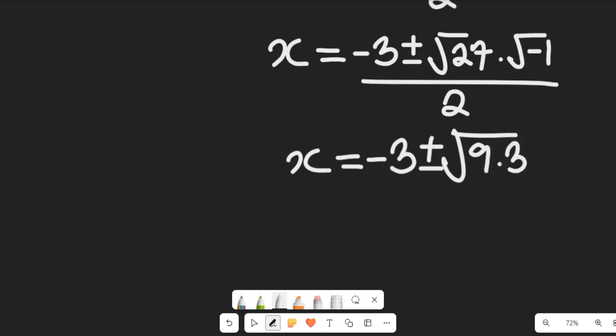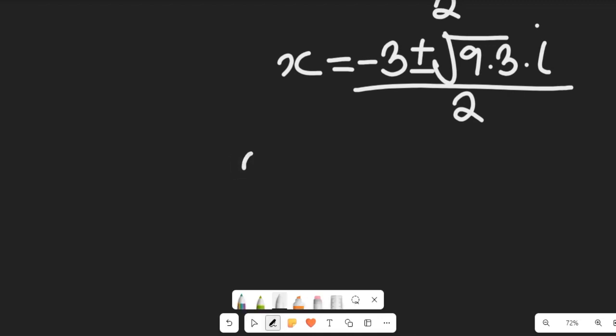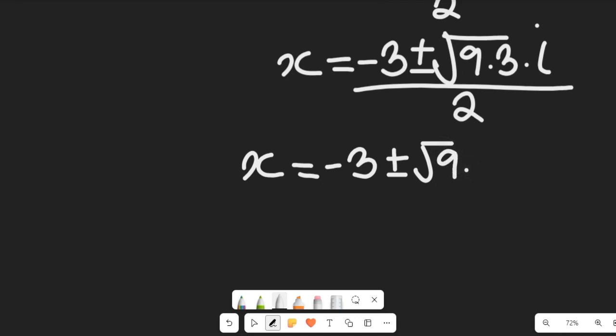Because 9 multiplied by 3 is 27, and this will be multiplied by j. And remember, square root of negative 1 is j according to complex numbers. So the value of our x will be equal to negative 3 plus or minus square root of 9 multiplied by the square root of 3 and multiplied by j, and all this will be divided by 2.